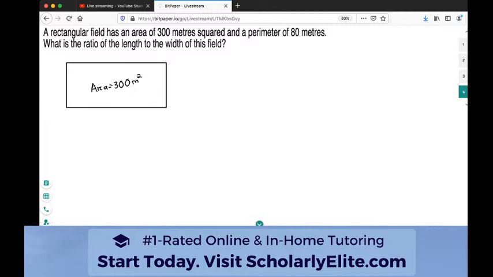And the area equals the length times the width.